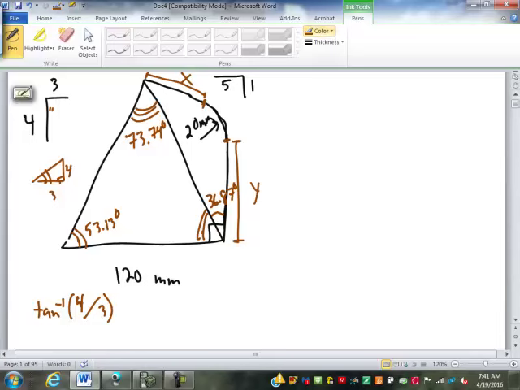Which means I can find this angle here. Now, of course, we know these are going to be right angles there. But we don't know where the center of this circle is for the 20 millimeters.